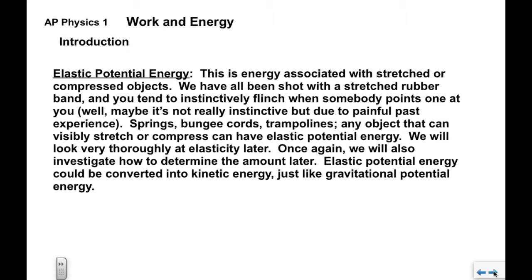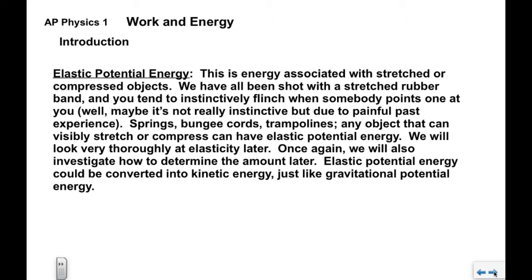Now we also have elastic potential energy. This is energy that is associated with stretched or compressed objects. We've all been shot with a stretched rubber band. You tend to instinctively flinch when somebody points one at you. But anything that's elastic, springs, bungee cords, trampolines, any object that can visibly stretch or compress can contain or have elastic potential energy in it.